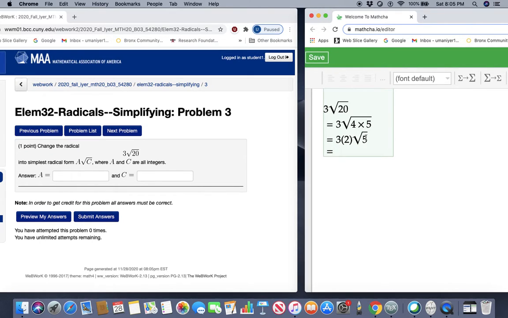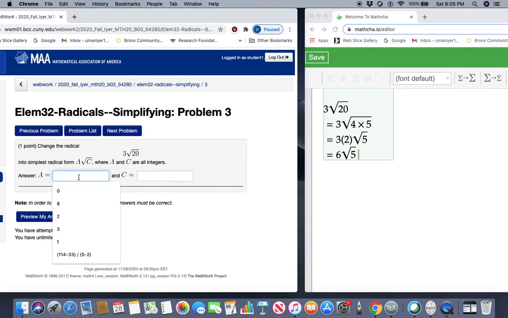The 5 stays inside. I cannot find its whole number square root. So 3 times 2 is 6 and square root 5 continues to be square root 5. So the number outside is 6, the number inside is 5.